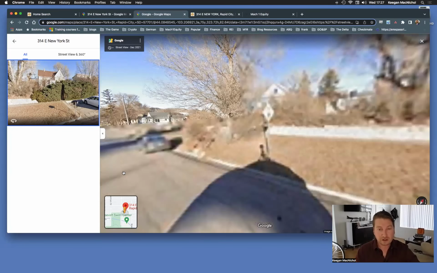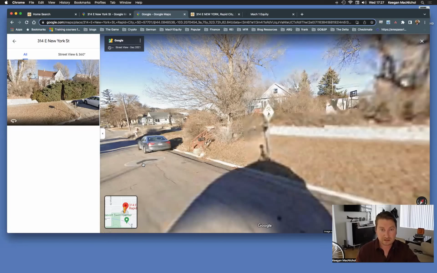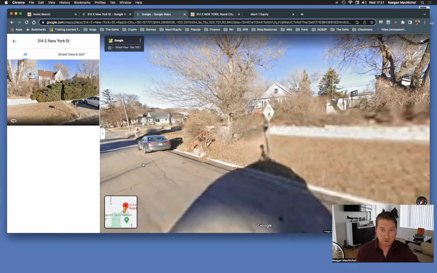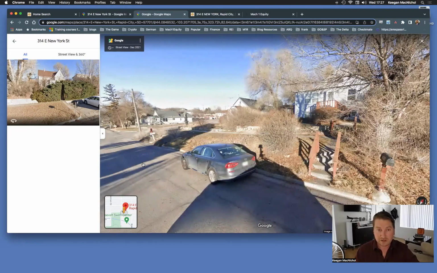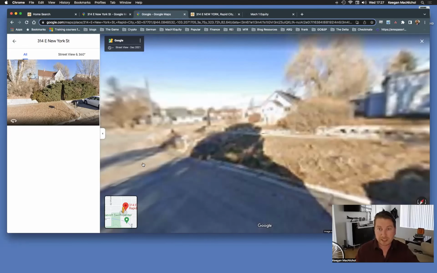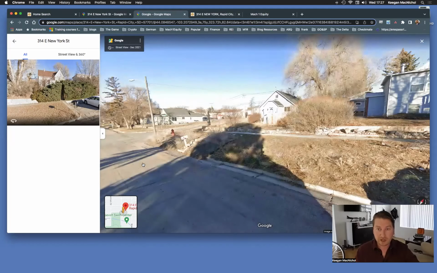And then you're going to want to look at the neighbors' houses to see how are they kept up. Do they keep their lawns trimmed, or do they have 3-foot high grass in the lawn? What kind of cars do they have? Do they have a bunch of hoopties, a bunch of beaters, or are they decent cars? And again, I know this isn't a class A, class B area, so I'm not expecting to see BMWs and Mercedes, but as long as it doesn't look like you're in the ghetto, you're fine, right?